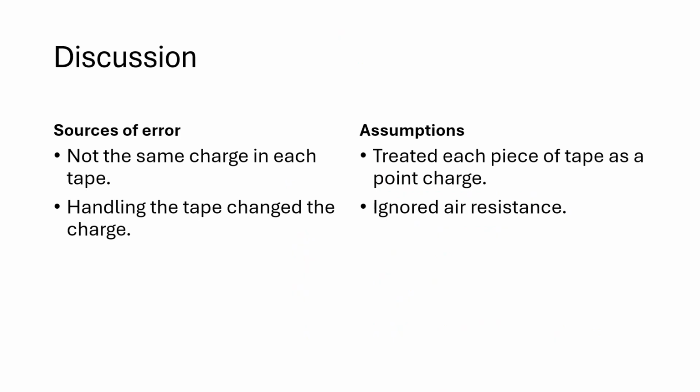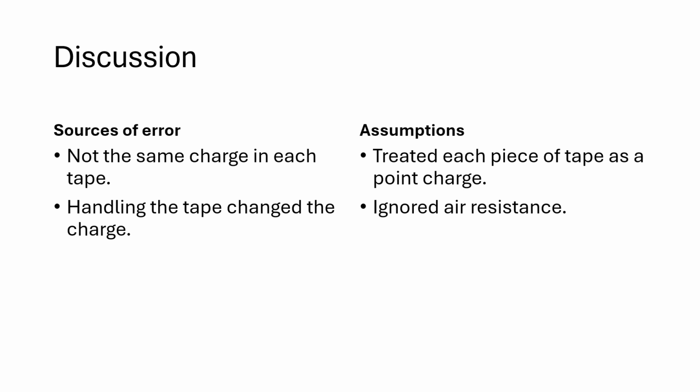Some discussion points for this lab: there were some sources of error, because the charges of the tape were likely not the same, and when we handled the tape, it likely changed the charge.